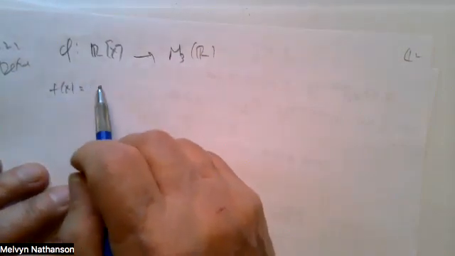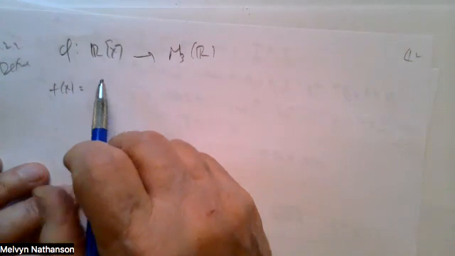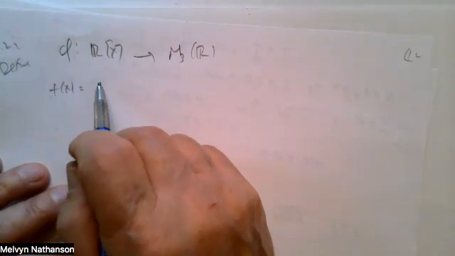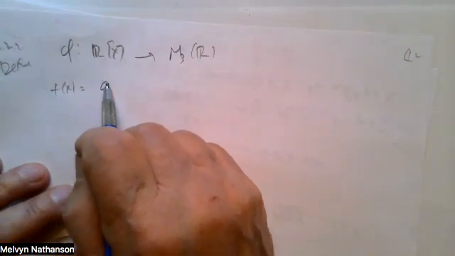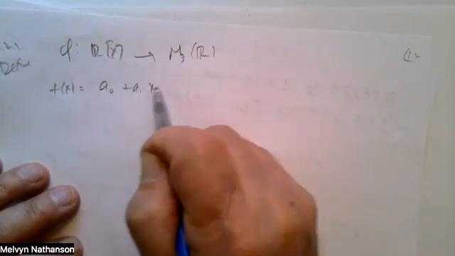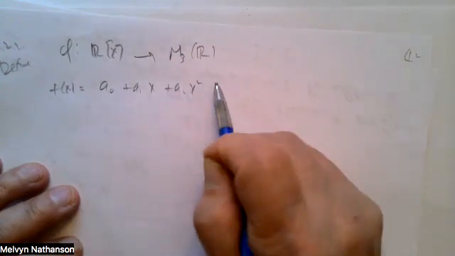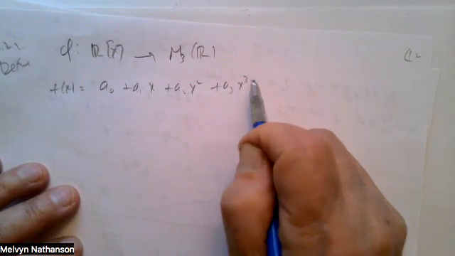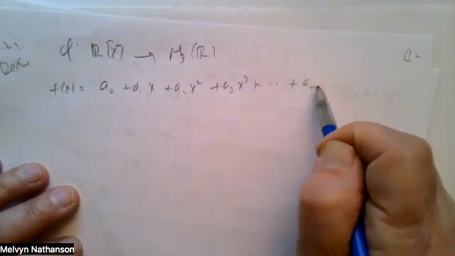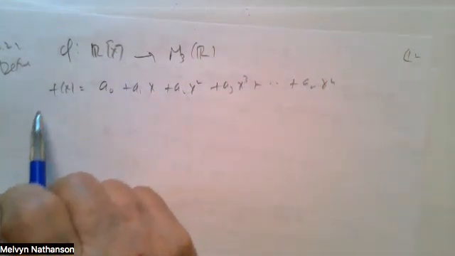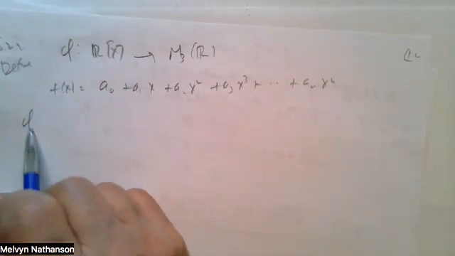If f of x is equal to, let me write the polynomial in increasing powers of x, a0 plus a1x plus a2x squared plus a3x cubed and so forth up to a(n)x to the n. That's my polynomial.